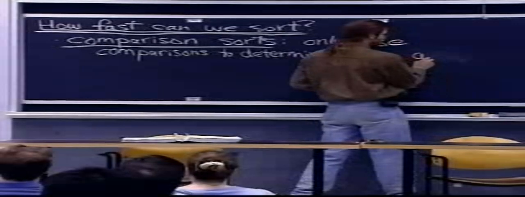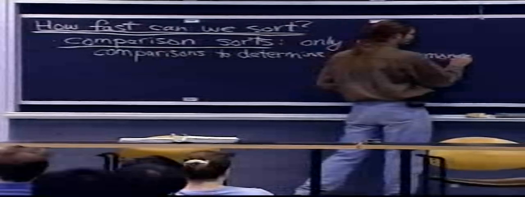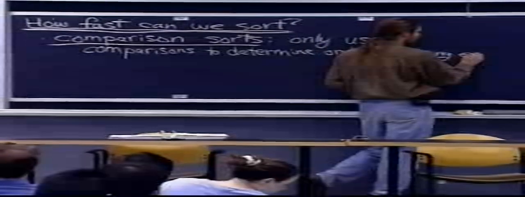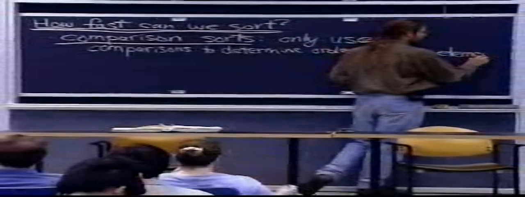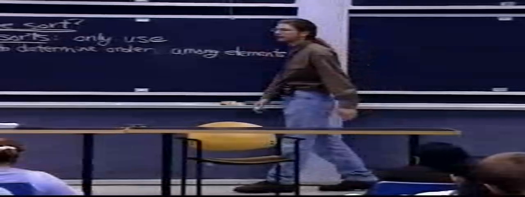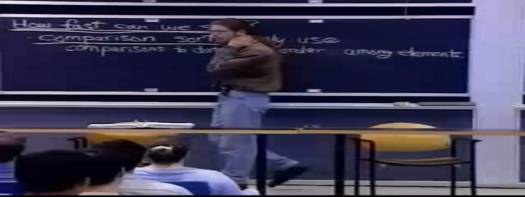So you're given some set of numbers, and they're in some order initially, and you want to find their sorted order. That's the sorting problem. One way to learn things about their order is by comparisons.